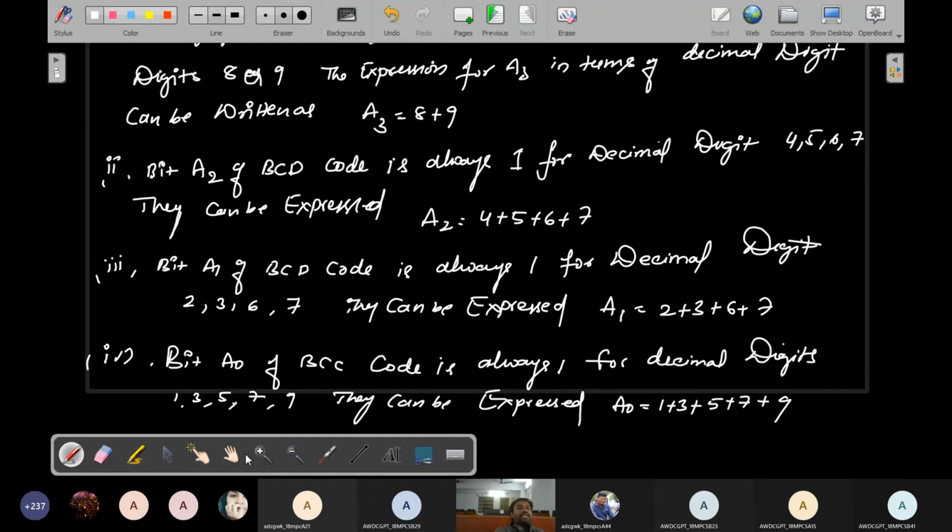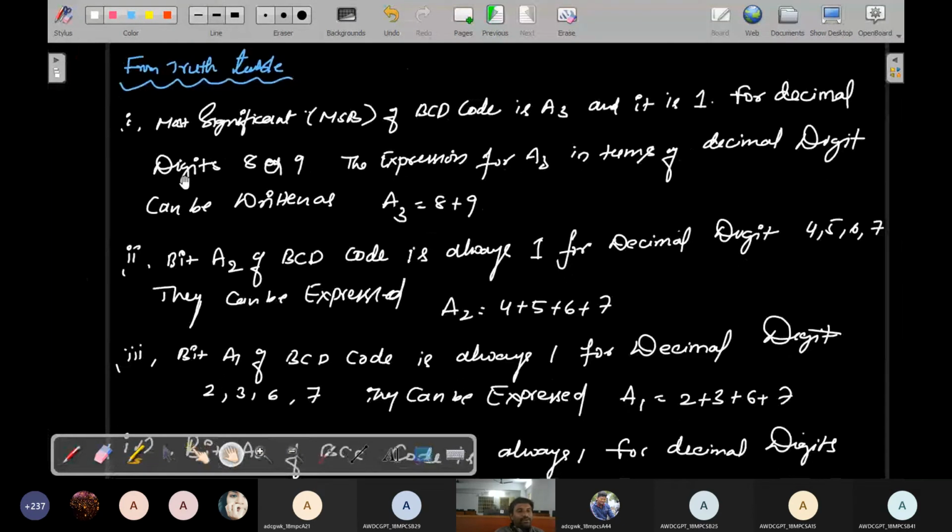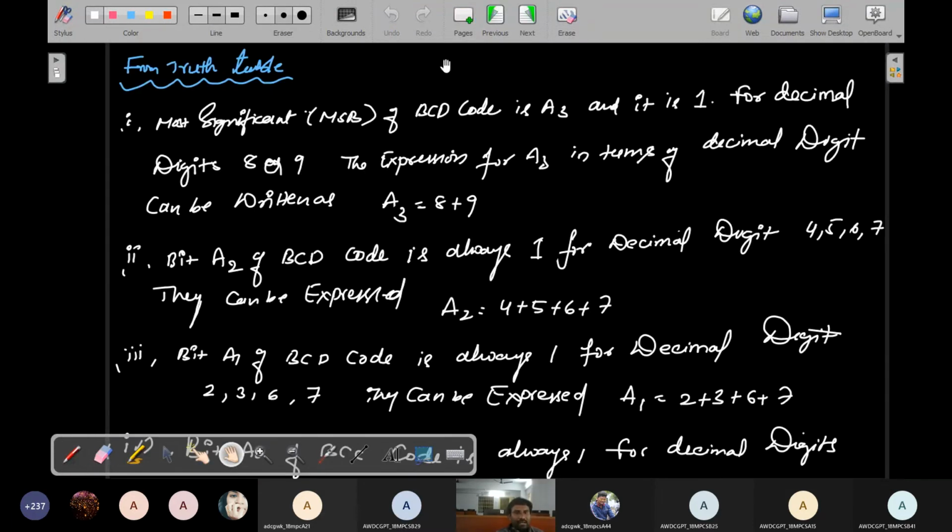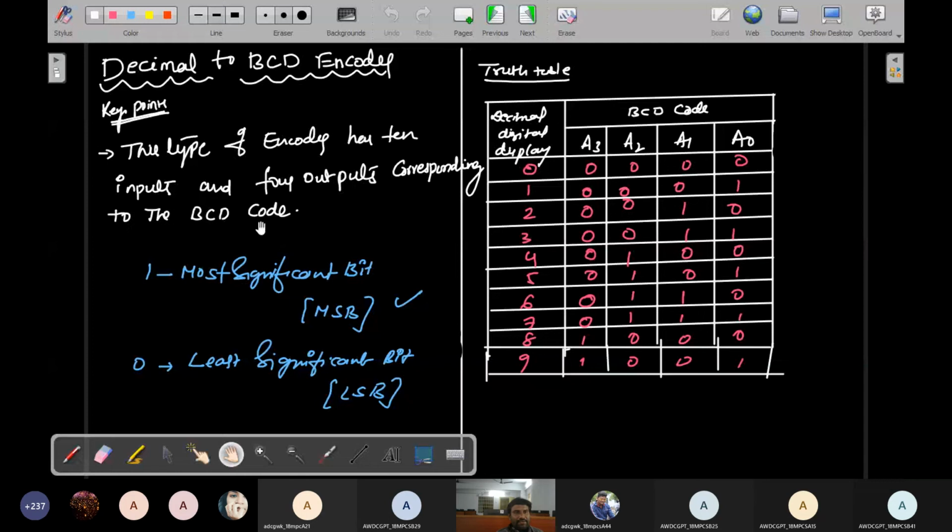In this representation, I preferred only the most significant bit of BCD code. So the most significant bit of BCD code A3 is always 1. Because in the previous class, I considered 1 as the most significant bit and 0 as the least significant bit.